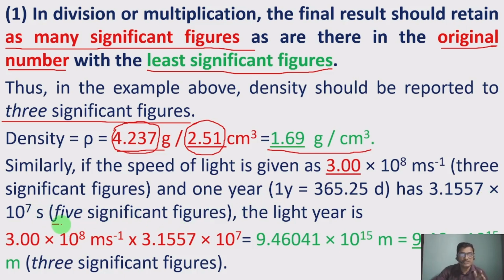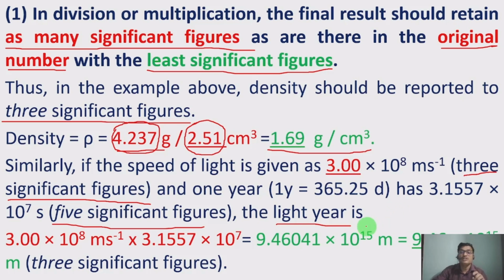This has five significant figures, and the speed of light has three significant figures. Then the light year can be calculated as the length of travel of light for one whole year.